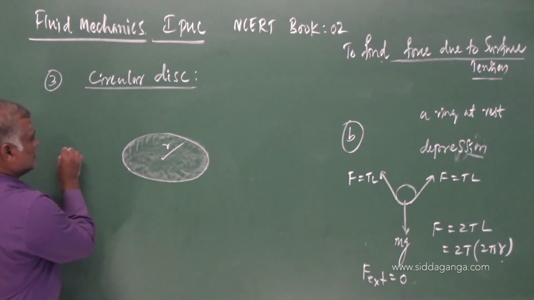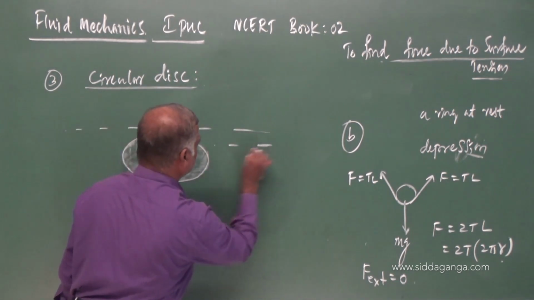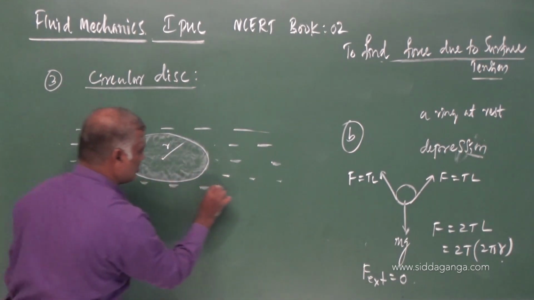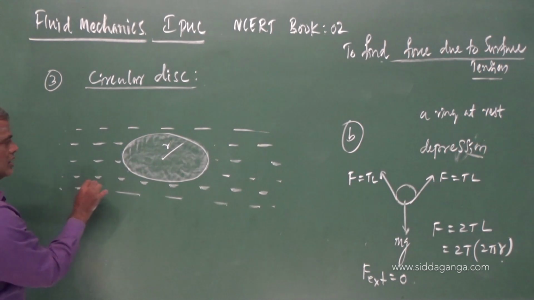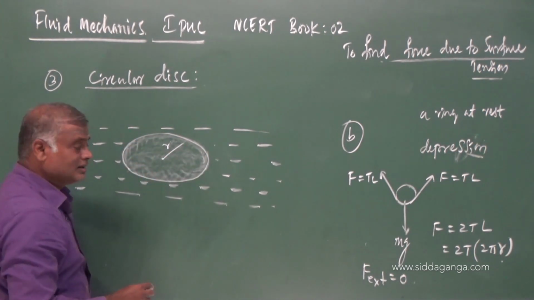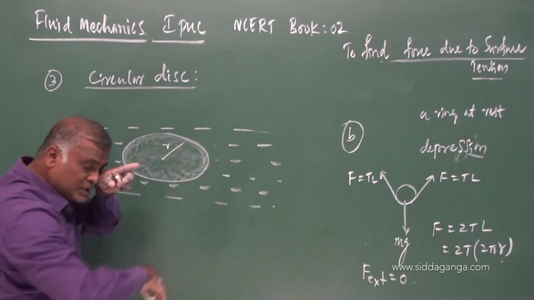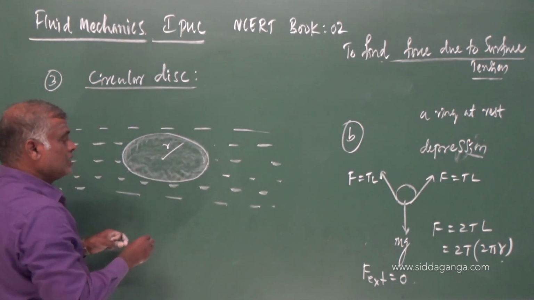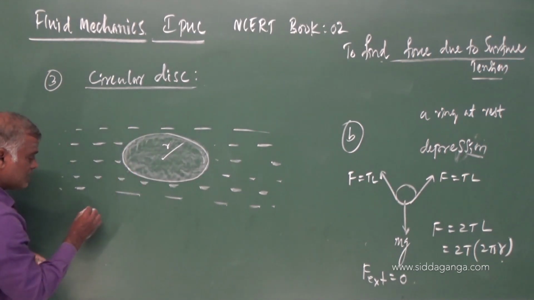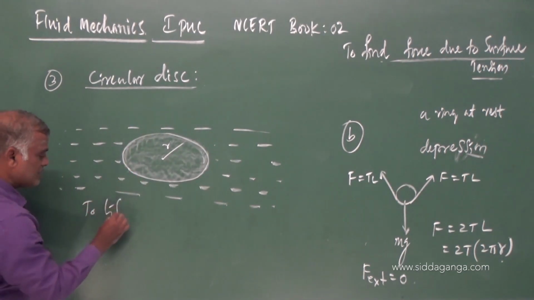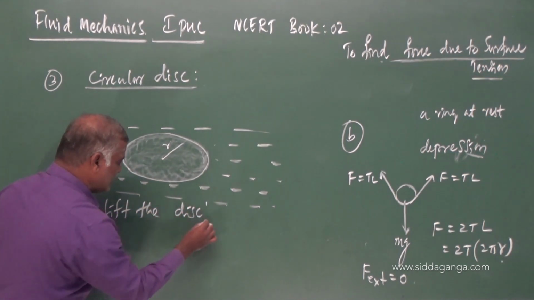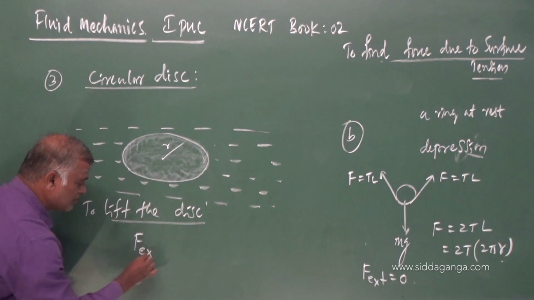Now on the free surface of liquid, if you observe, the mass is uniformly distributed, my dear students. When mass is uniformly distributed, say I want to lift the disc, I need some external force.